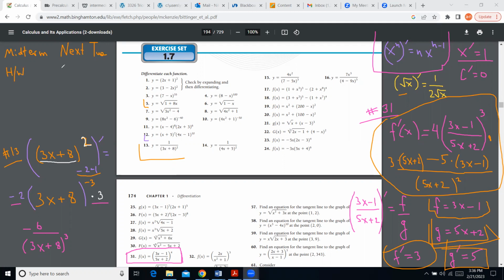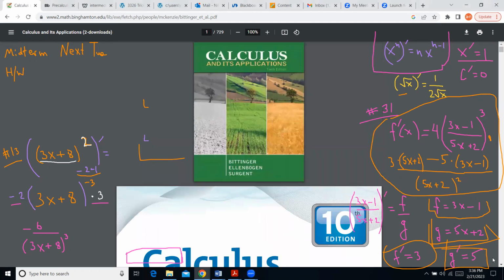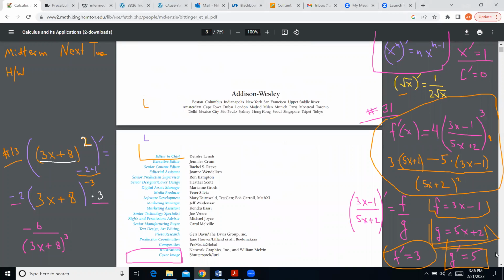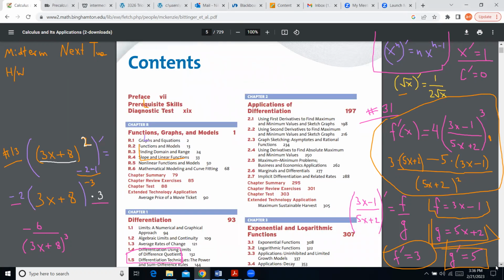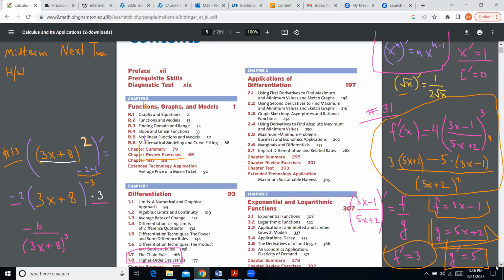So I'd like to go to the contents of the textbook and refresh what we did up to date, what sections were covered in this class. So it looks like we had a couple of chapters considered up to now. Chapter R, which is a review, right? And then we also looked at chapter number 1.